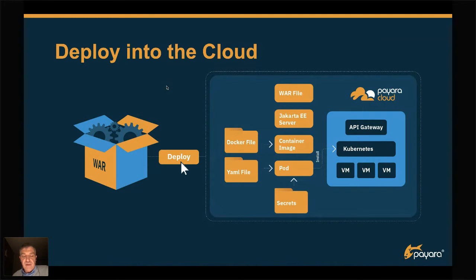As you have seen, you can define something like the CPU usage of your application, but you don't need to care about creating those Kubernetes resources like a pod with YAML files and secrets for those configuration files, and creating a container image based on a Jakarta EE server or Payara Micro, as we are running in Payara Cloud, for instance. You don't need to care about that API gateway for Kubernetes. The only thing is click on deploy, configure it, and it runs for you in the cloud.